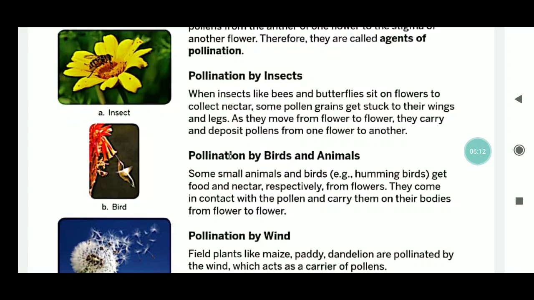When insects like bees and butterflies sit on flowers to collect nectar, some pollen grains get stuck to their wings and legs. As they move from flower to flower, they carry and deposit pollen from one flower to another.